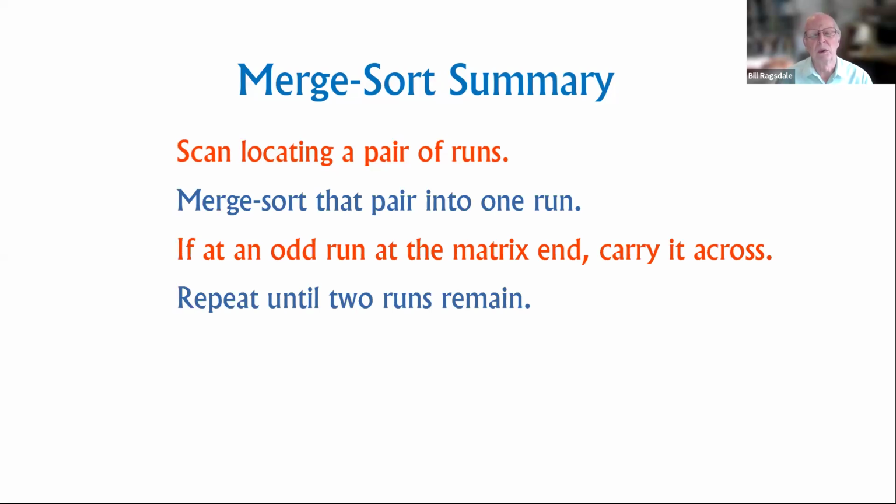So we sort pairs down to increasingly longer runs and a smaller number of runs. And of course, this goes by powers of 2, as we will see. The final case, when we only have 2 runs remaining that occupy the entire matrix, one final merge sort pass combines them all into a single run, and now we're done.